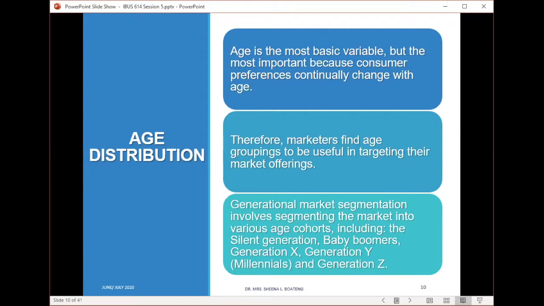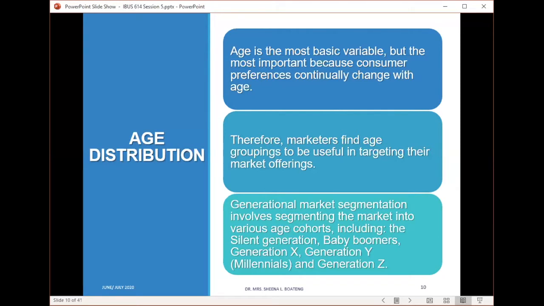And we basically try to study the different cohorts of generations based on their age or the years within which they were born, and study their characteristics and how these characteristics influence their behaviors and their responses towards specific product categories.